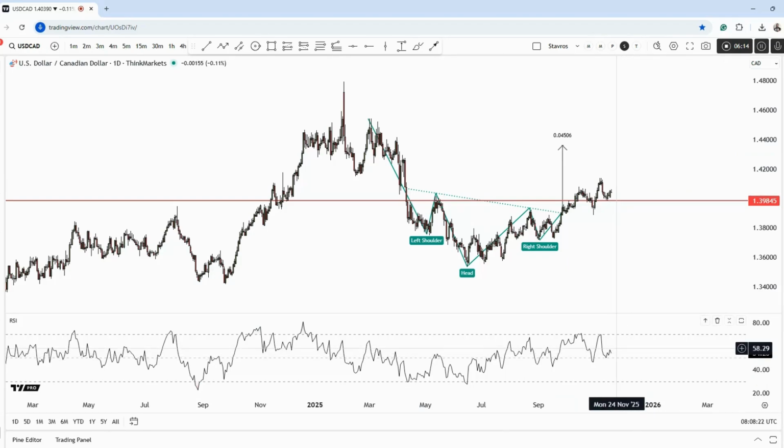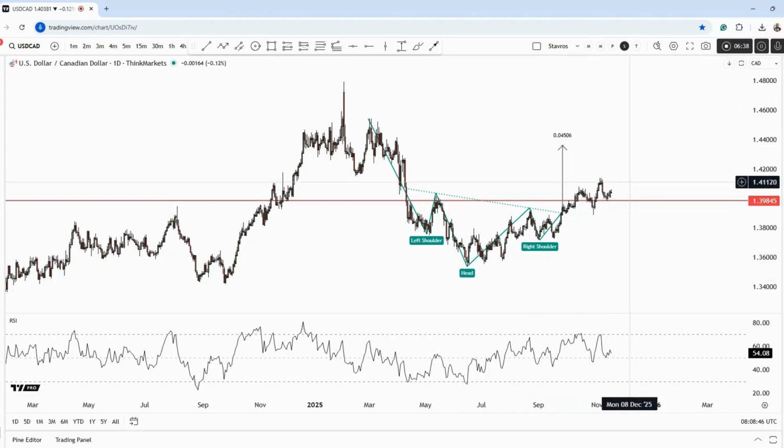So even another leg to the upside would be possible. The key is that, as I was saying earlier, oil remains below 60, or perhaps it could fluctuate around that level, but as long as it's around that territory, then USD CAD could go higher.